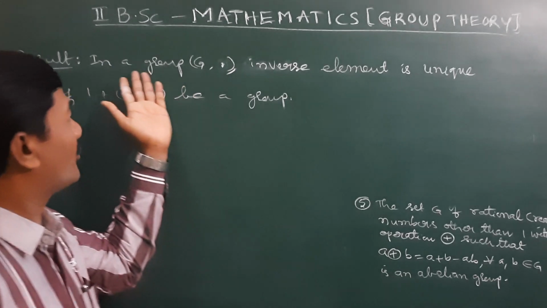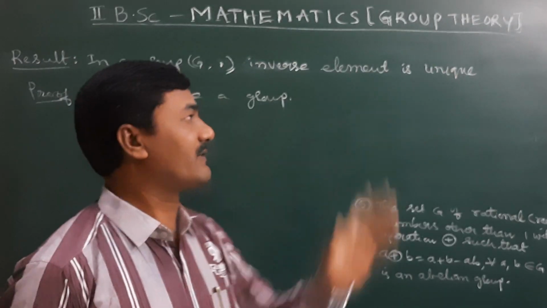Secondly, we can prove that in a group G, the inverse element is unique. How can you prove the inverse element is unique?